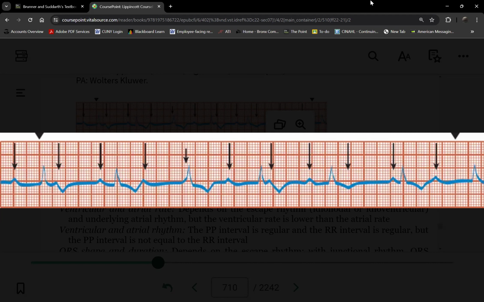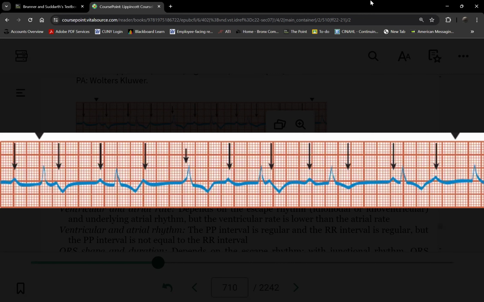However, does every P have an R? No. So therefore, are the SA node and the AV node talking to each other? No, because remember what I said. What are the two functions of the AV node? Secondary, it's also a secondary or backup, right?